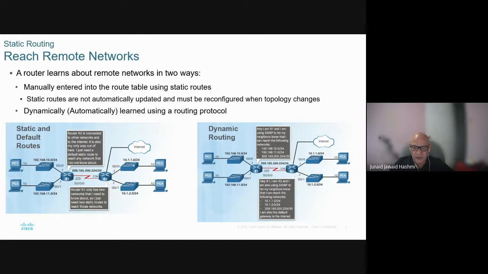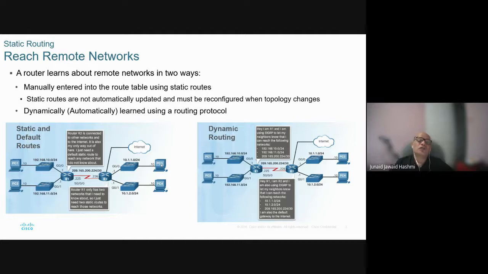R1 does not know about this network, 10.11.0, which is connected to R2. So if there's no routing table entry in R1 about this network, PC1 cannot access PC3.